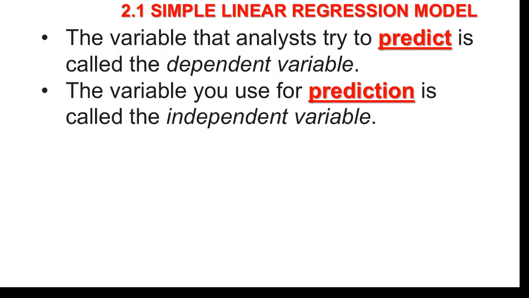This is very critical because if you don't identify your independent and dependent variables in the correct manner, your regression model is going to be wrong. So be mindful of what your dependent variable is and what your independent variable is.